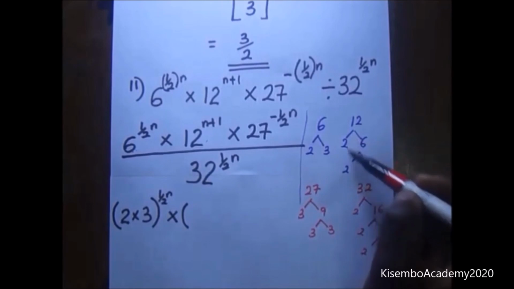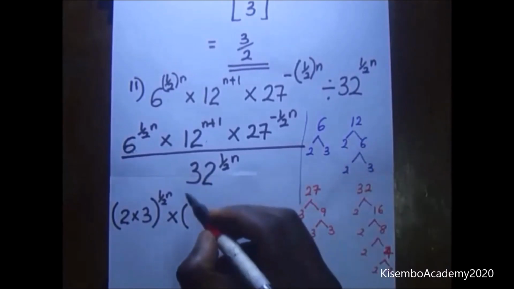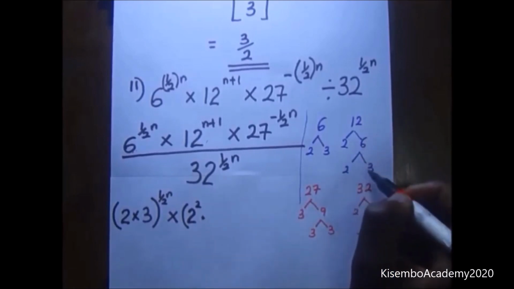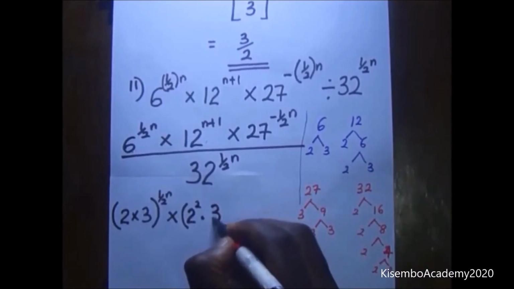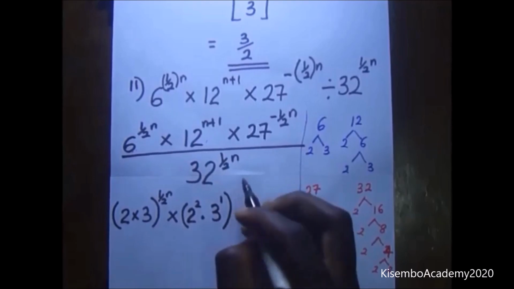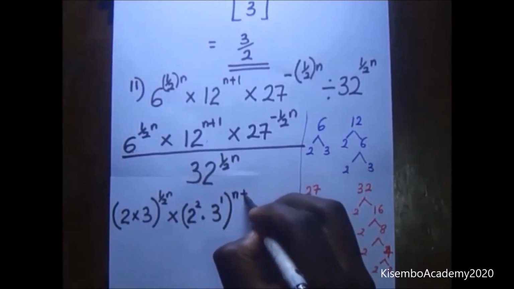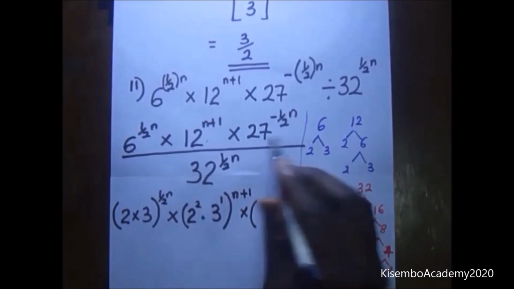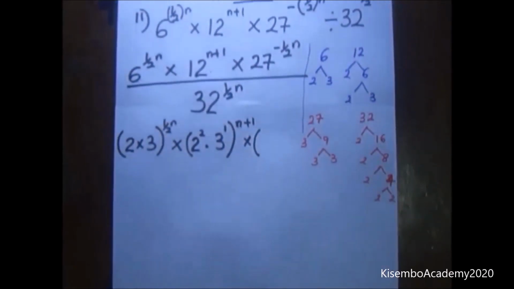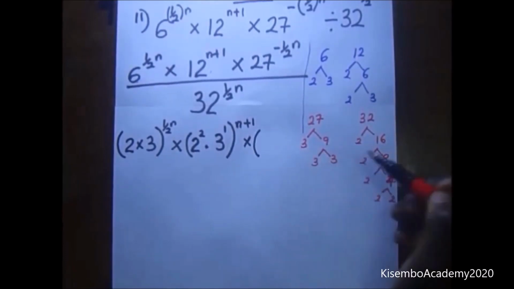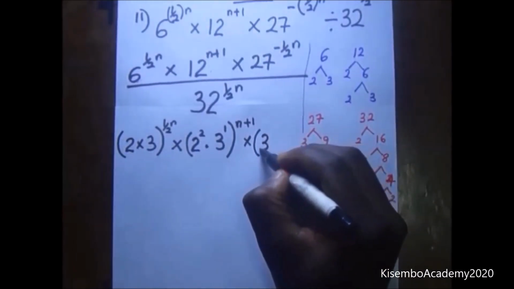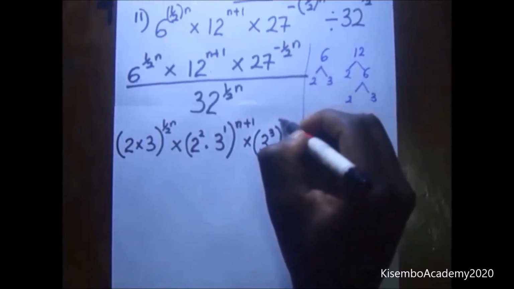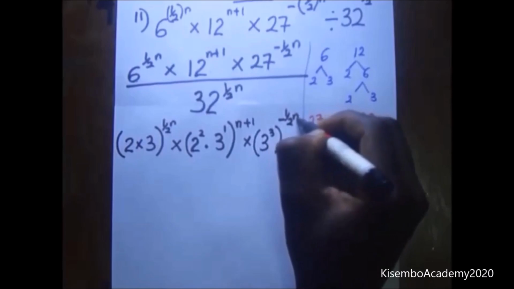It is 2 to the power 2 times 3 to the power 1, all that to the power n plus 1. Multiply that by 27. What is 27? 27 is 3 to the power 3, all that to the power half n.